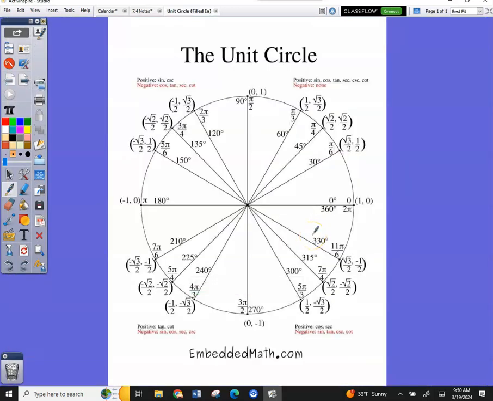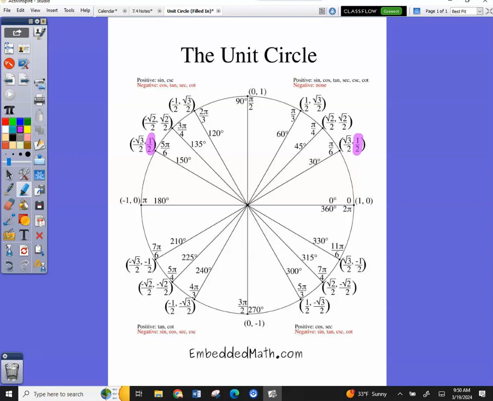Same concept, but instead of tell me the y coordinate of 30 degrees, this time I'm saying, what is sine inverse of 1/2? You would have to come to the picture and find where all the y values are 1/2, and then tell me the angle measure.